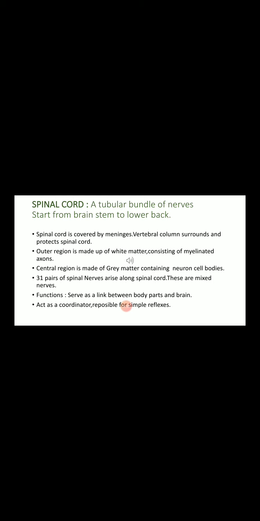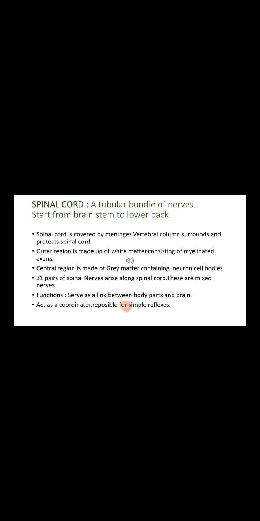vertebral column. The outer region of the spinal cord is made up of white matter consisting of myelinated axons. The central region of the spinal cord is made up of gray matter containing neuron cell bodies.